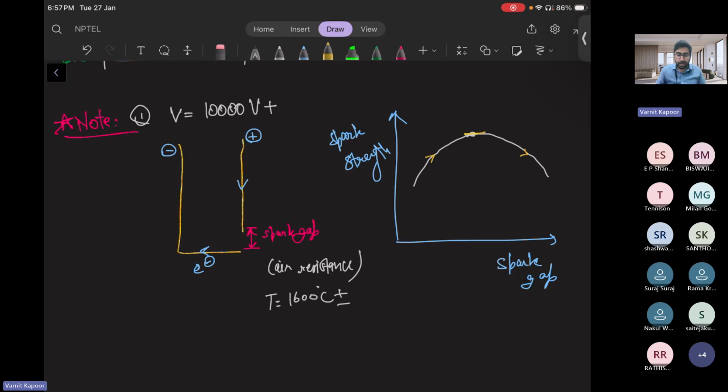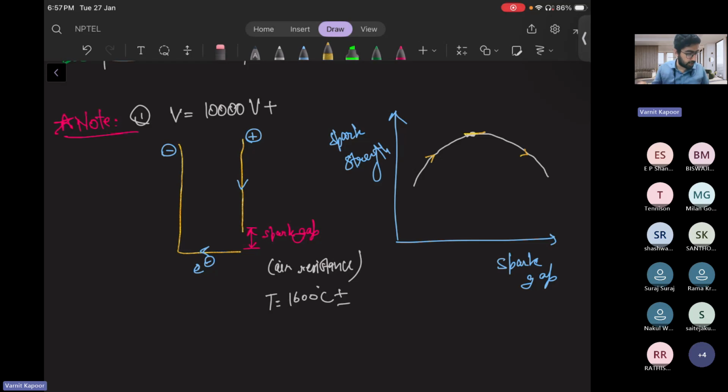These spark plugs are made from very high temperature bearing material, that is nickel alloys or platinum. High-end vehicles and high-end manufacturing companies will have platinum inside, whereas cost-conscious organizations will use nickel alloys.